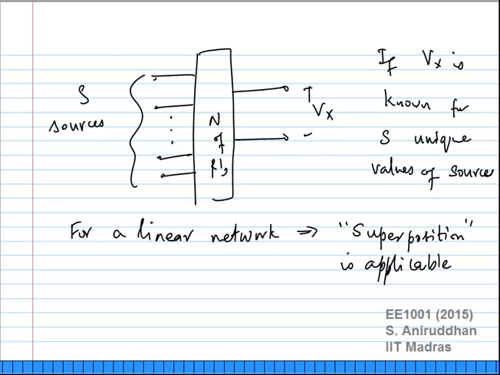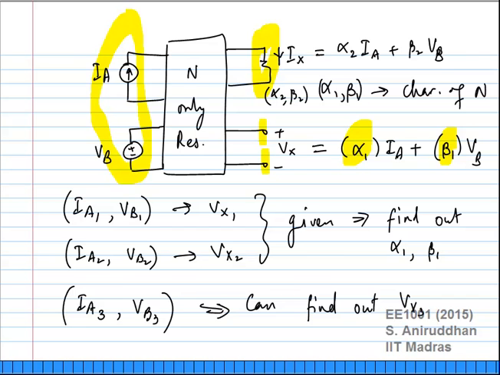For example, in this case, I could remove Ia. In other words, I make Ia equal to 0, which means I leave these two terminals open. I apply only Vb. At Vx, I'll get only beta 1 times Vb. If I had shorted Vb, making Vb equal to 0, and applied only Ia, I'd get alpha 1 times Ia. The overall voltage there is alpha 1 Ia plus beta 1 Vb. That is superposition in action.